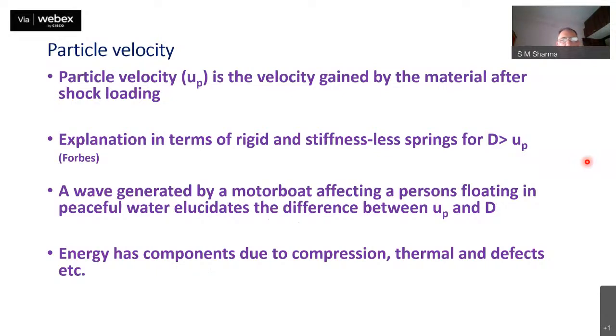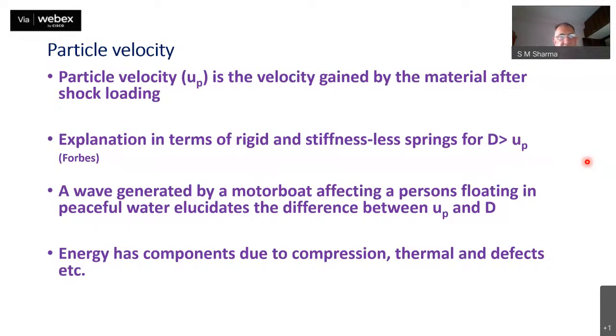But suppose you view a linear string of atoms connected by springs. If the spring has infinite rigidity, then the moment one hits the first atom, the last atom in the string also moves, because it has infinite rigidity. So it instantly moves. Now that's equivalent to saying that the shock velocity is infinite in this particular case.